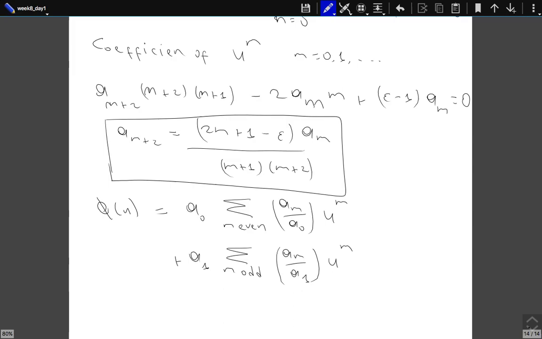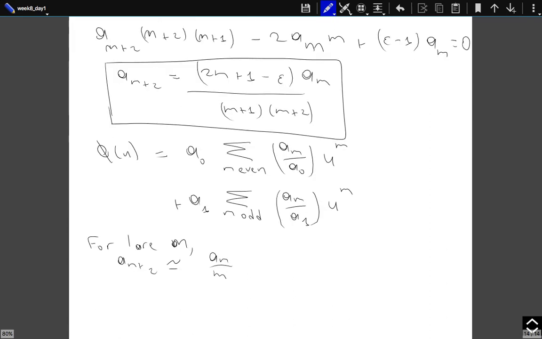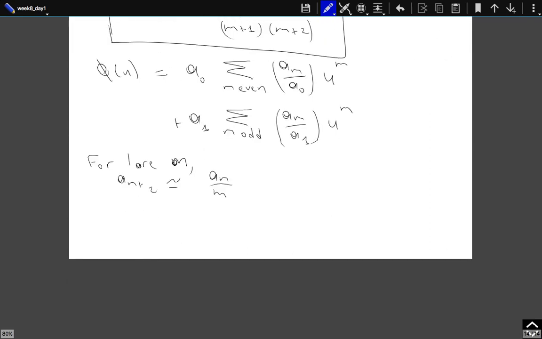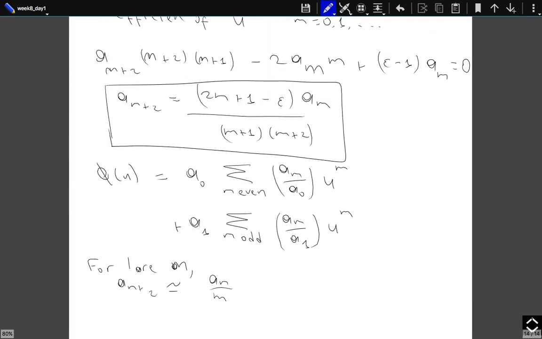You see, for large m, a_(m+2) is approximately 2 a_m over m. Do you agree? Well, you see, for large m, this is my relation. If m is very large, epsilon is negligible, 1 is negligible. Oh, I also have 2.